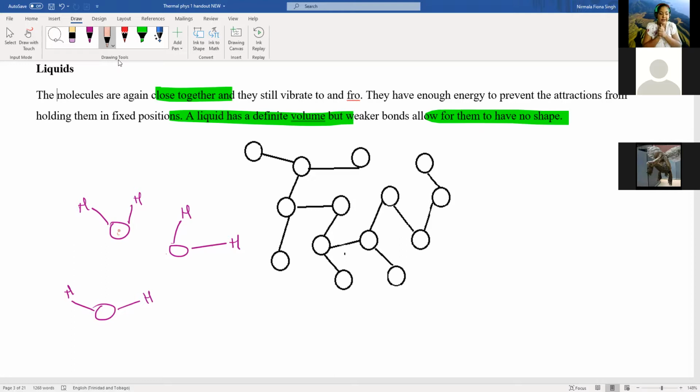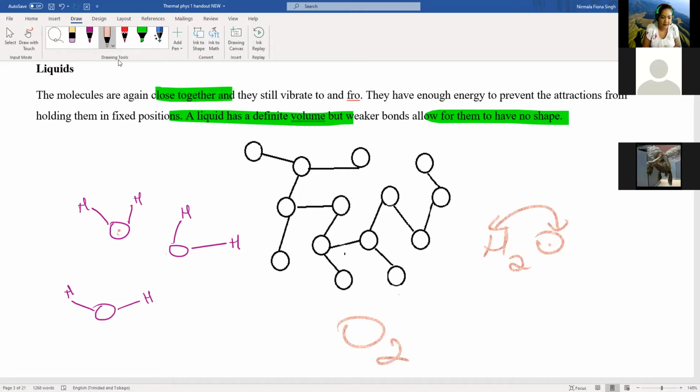H2O is a molecule that's bonded to each other. H2O is very different from oxygen. Oxygen is what we breathe. This is breathable oxygen. This hydrogen and oxygen are bonded together. It's not available for us to breathe. So there's no way you can go underwater without a breathing apparatus and breathe.